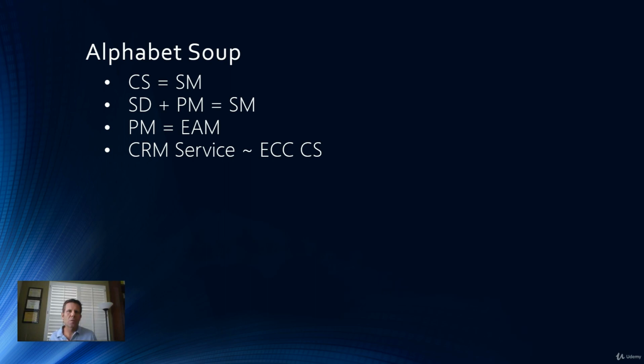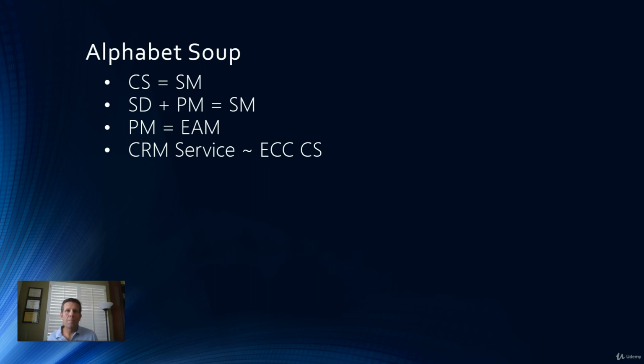Whereas SM, service management, is taking care of a customer's equipment, their stuff. So really two sides of the same coin. And in fact, if you look in configuration, the configuration node for SM and PM are shared. They're the same node in the IMG, as well as a lot of the tables are the same. So they're really just two sides of the same coin.